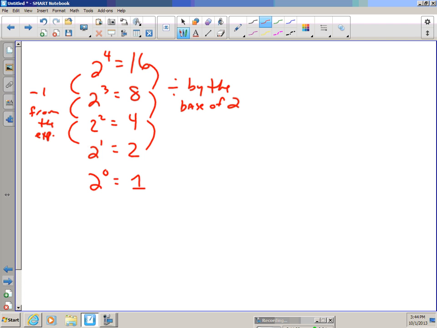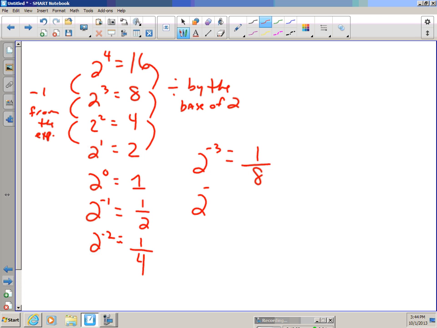Well, now I want to continue this on to negative exponents. Well, what would happen? 2 to the negative 1 is 1 divided by 2, which is a half. 2 to the negative 2 is 1/2 divided by 2, which is 1/4. Continuing this over here, 2 to the negative 3 is 1/4 divided by 2, which is 1/8.